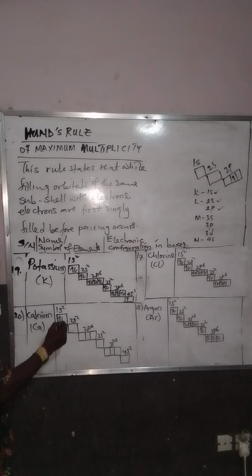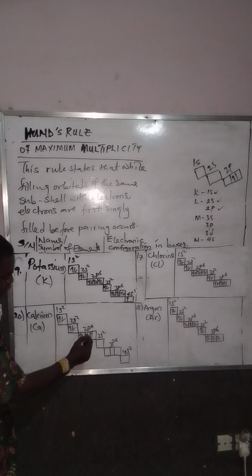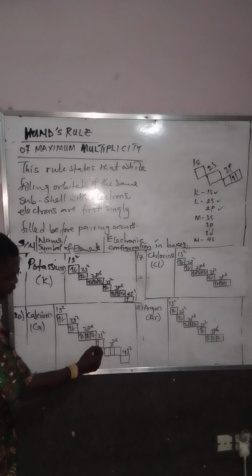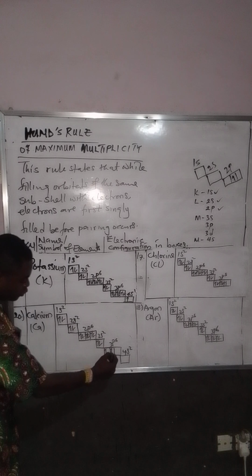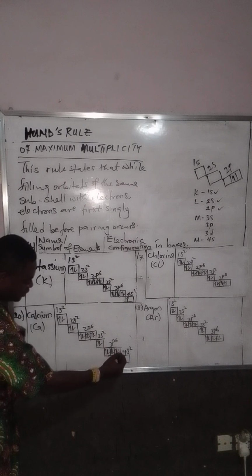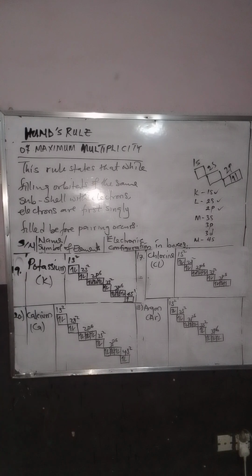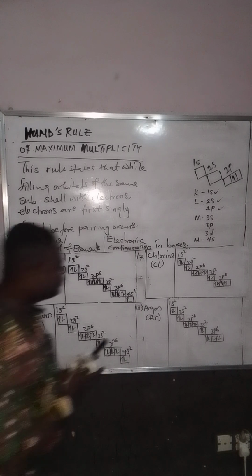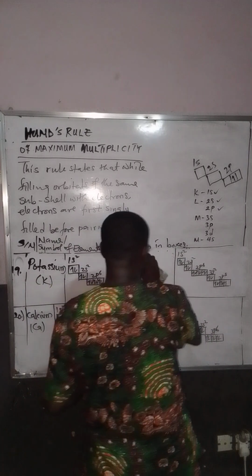So put two electrons here, 1, 2, 1, 2, 1, 2, 3. Then pair 4, 5, 6. 1, 2, singly 1, 2, 3. Pair 4, 5, 6. Then we have two electrons, 1 and 2. So the next one is scandium, number 21.